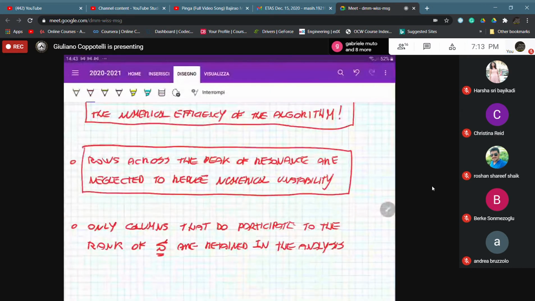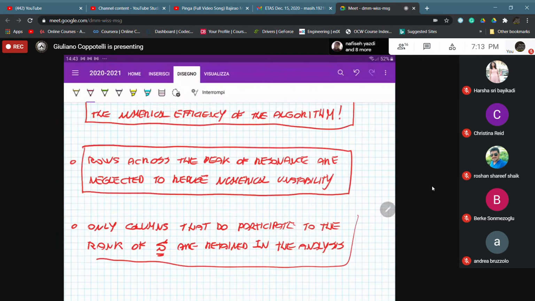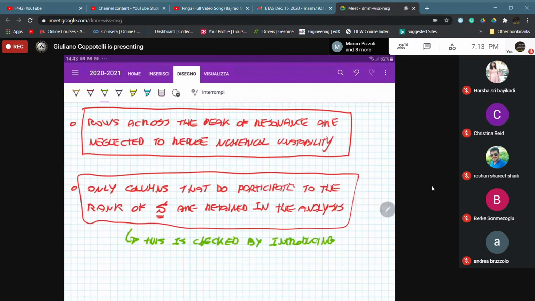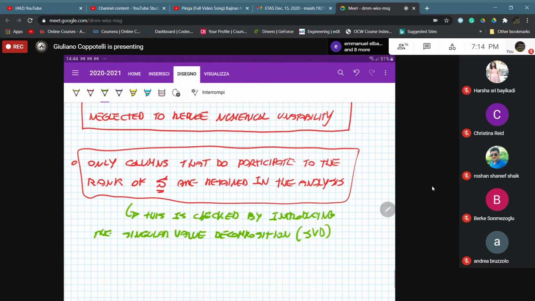Okay, by the way, this is checked by introducing the singular value decomposition, SVD, of your sensitivity matrix.